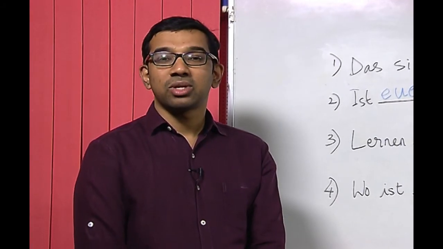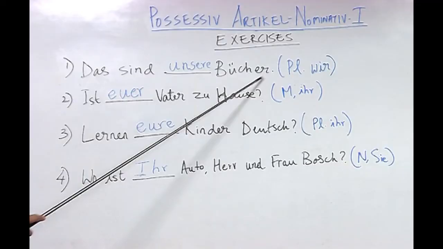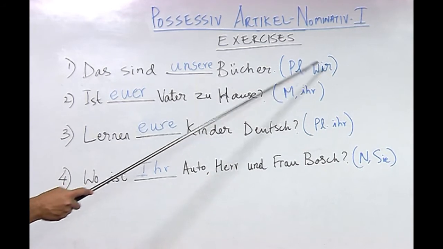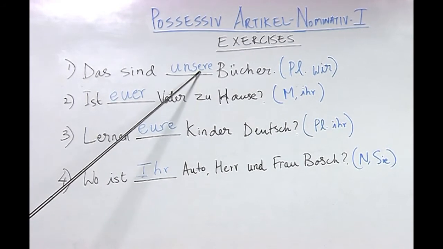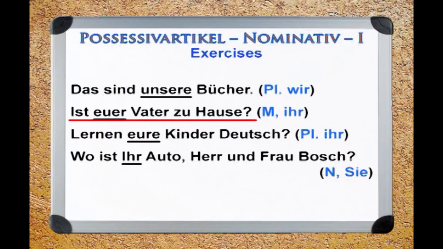Now let us look at the answers given by the student and let us see if the answers are right or wrong. Das sind unsere Bücher. Here the student correctly identified that the noun is in plural and based on the pronoun wir wrote the correct possessive article, that is unsere with e at the end. Number 2, ist euer Vater zu Hause?